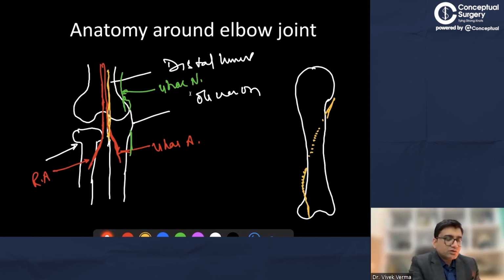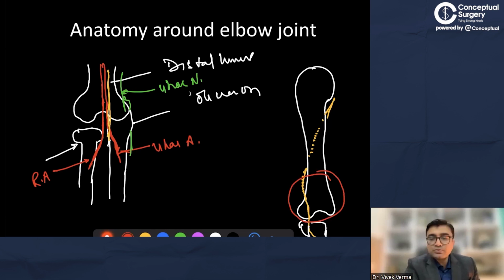So this is the course, and here it winds around the radial neck and over the supinator muscle, and then goes into the forearm. Many a time we assume when we are operating in the distal humerus that we won't encounter the nerve, that it goes posteriorly. But actually it pierces the intermuscular septum in the lateral compartment and comes anteriorly. I'll show you how it is.